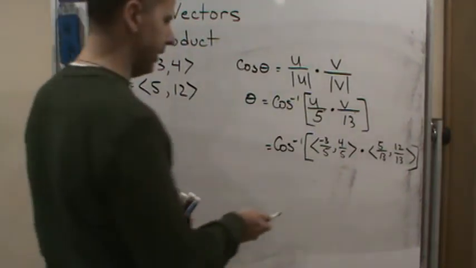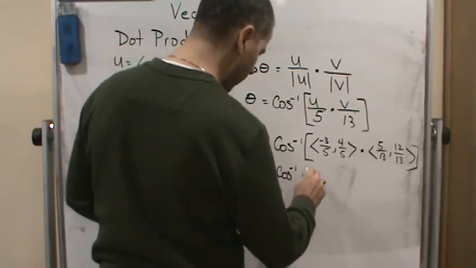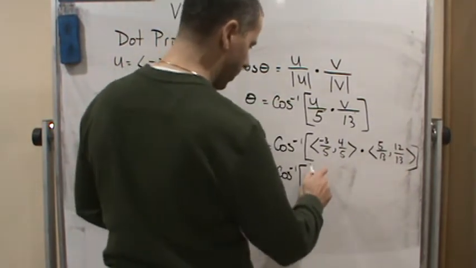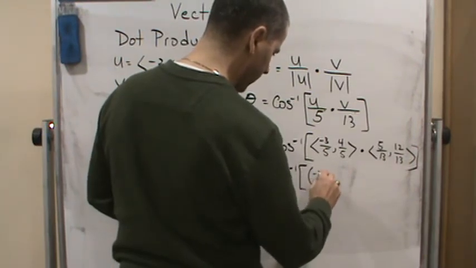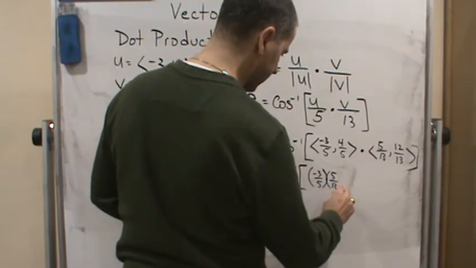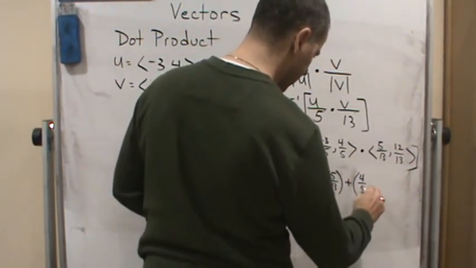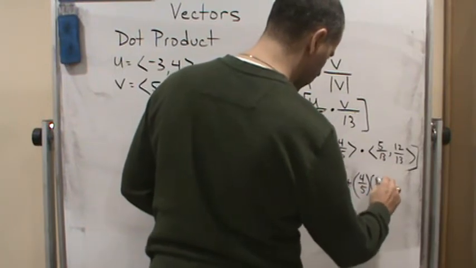Okay, so now let's do the dot product. So this is going to be cosine inverse of -3/5 times 5/13 plus 4/5 times 12/13.